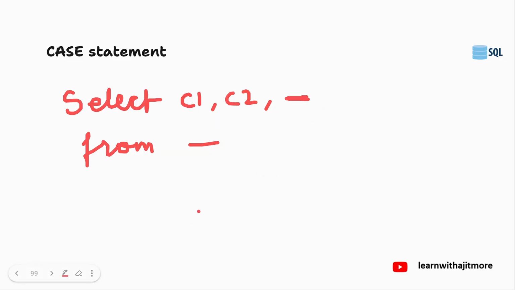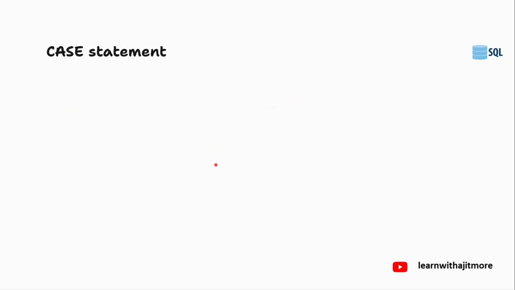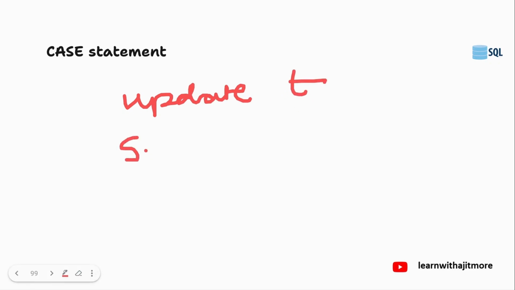Getting? Even you can make use of case in your update clause also. You're updating a table and you're setting a value to some column. I hope you have not forgotten the update query, delete query, all that.